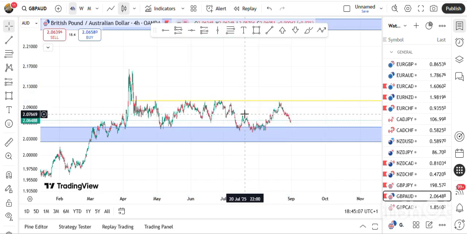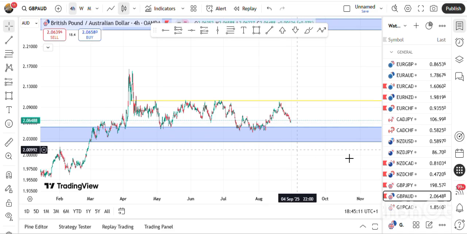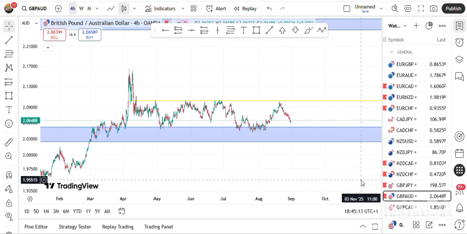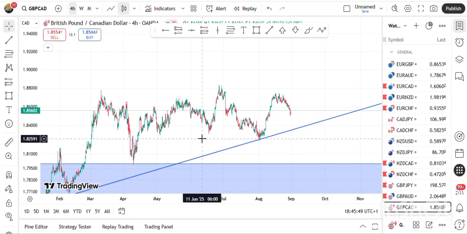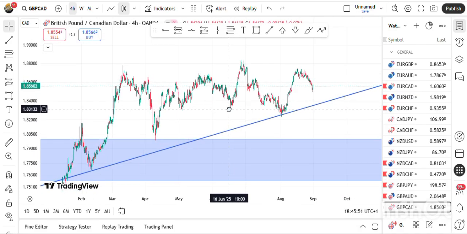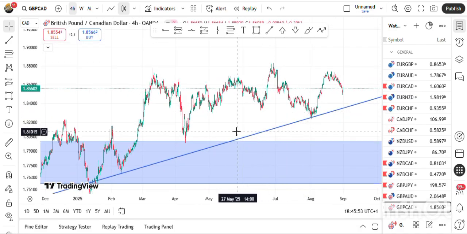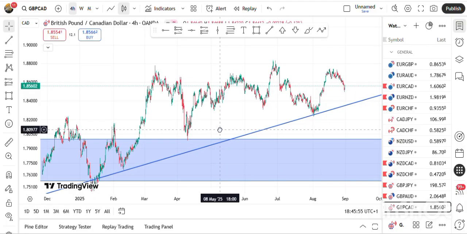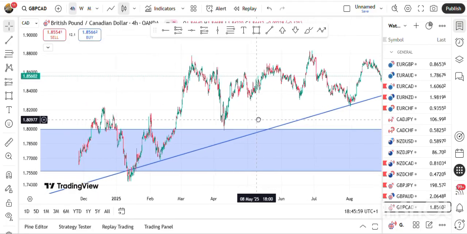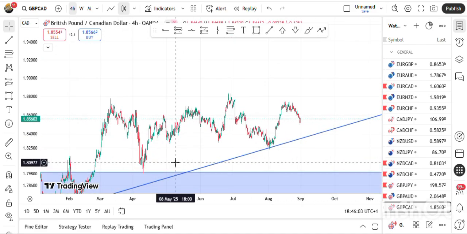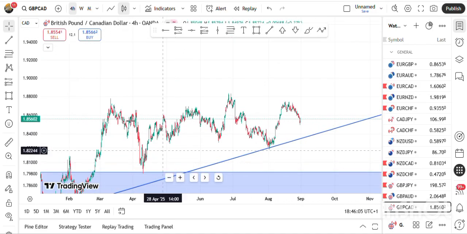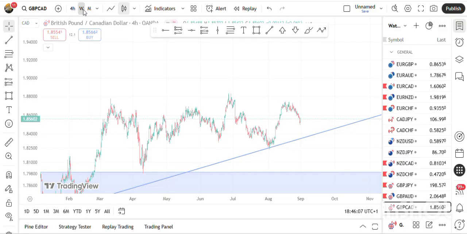Now let it give us something else. I'll be watching price action around this area, and I'll let you know when there's a need to take a trade. GBP CAD. Okay, nice. We don't have anything on GBP CAD right now, so just let it go. Let me see where this line is coming from.